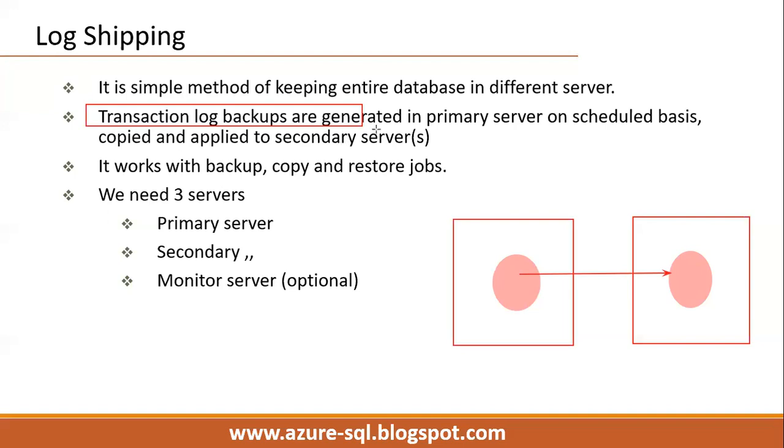It applies them by generating log backups. Transaction log backups are generated in the primary server on a scheduled time, and they are copied and applied to the secondary server automatically. That is how log shipping works internally.